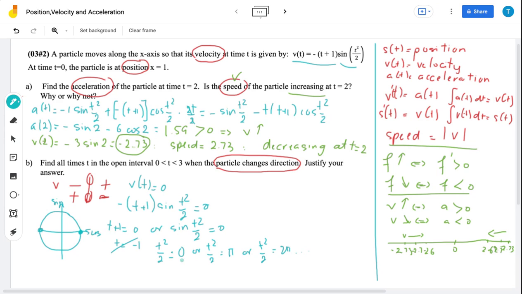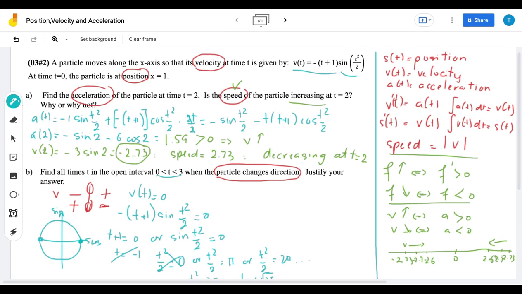But it has to stop because of the constraint on t, between 0 and 3. Then t equal to 0, we don't accept. In this case t squared is equal to 2 pi, so t is equal to plus or minus square root of 2 pi. However, t cannot be negative, so we accept square root of 2 pi only.